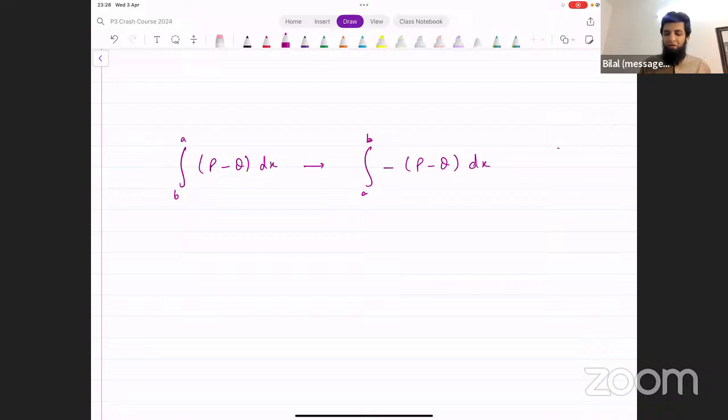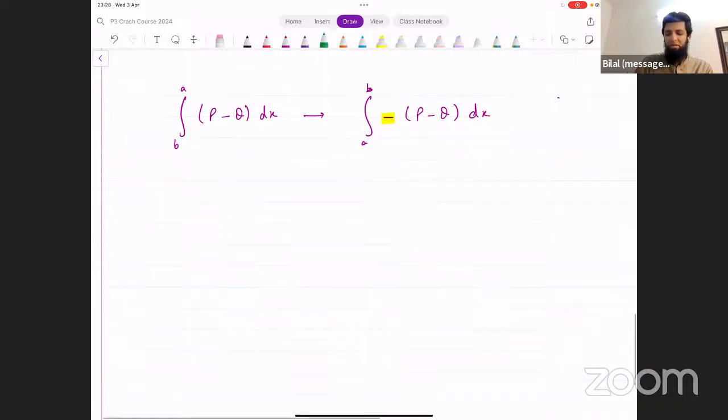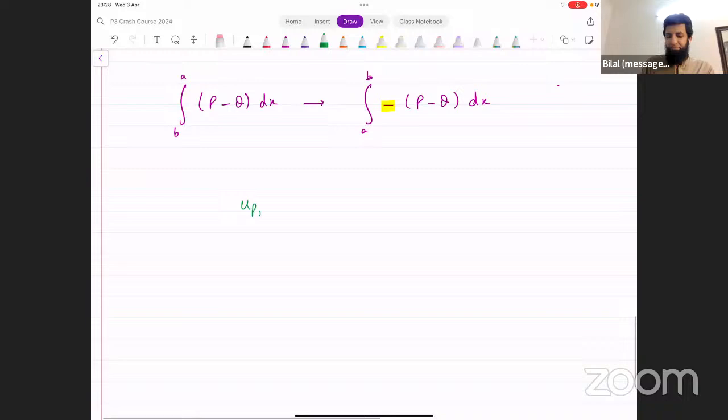Multiply the function by negative, and then you can switch the limits like this. Right? Because you basically subtract the lower limit case from the upper limit case, right? If you have to switch the limits, if you put the negative sign outside, it becomes lower minus upper. So basically when switching, we can just put a negative sign here like this.